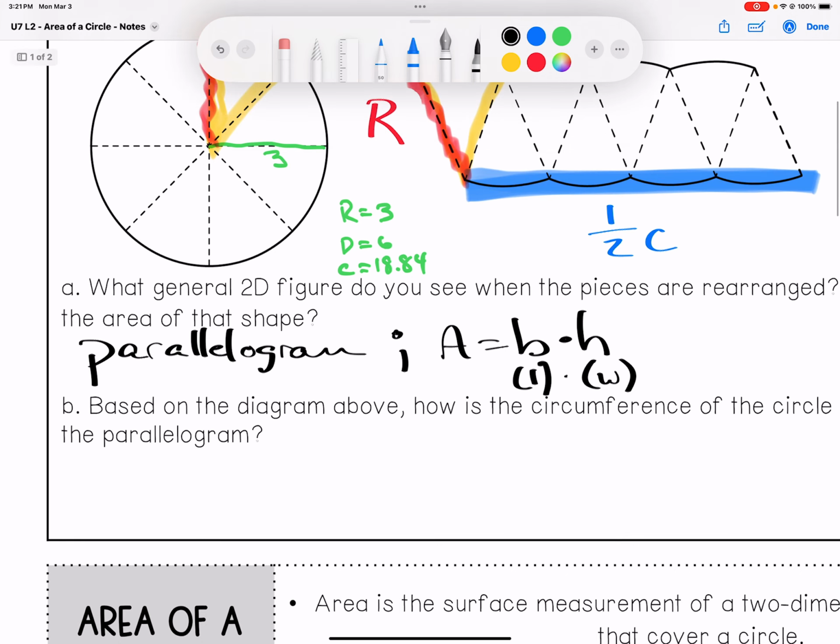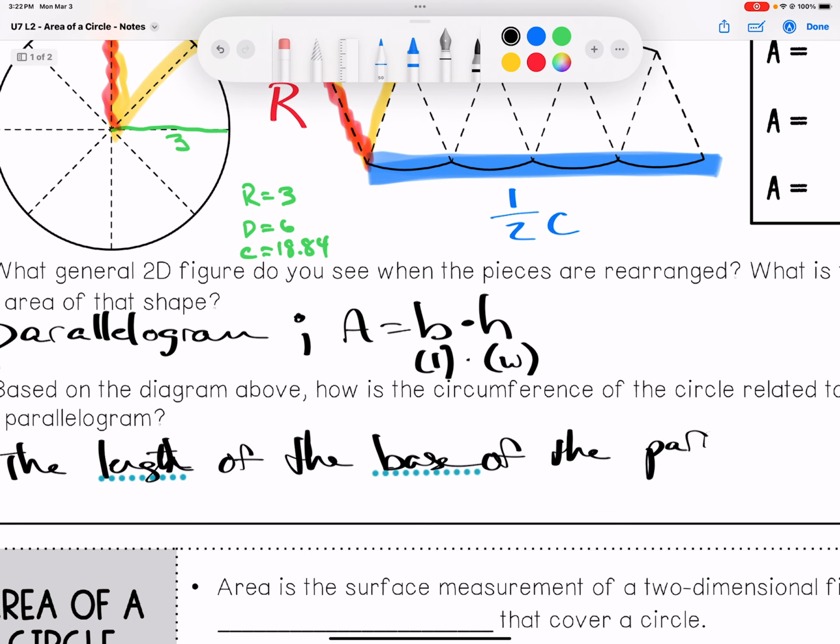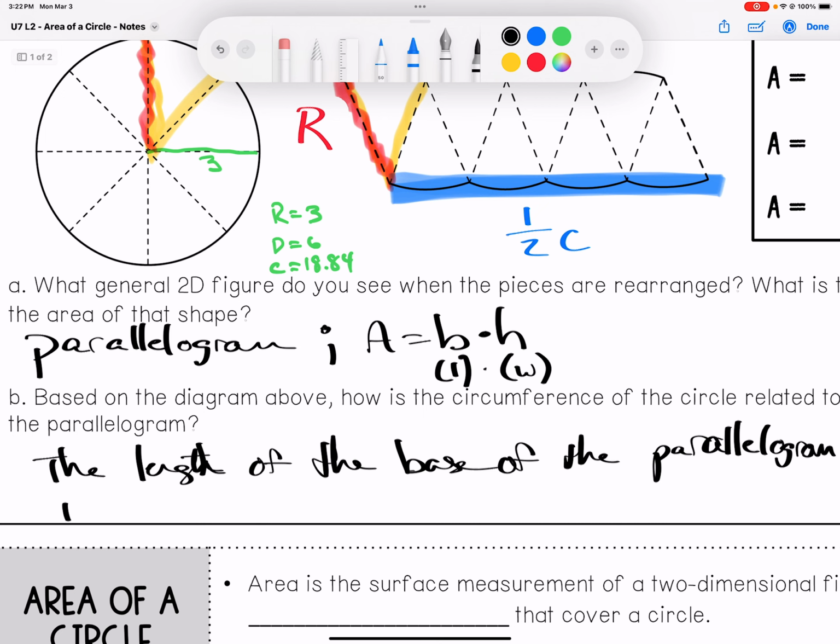Well, the length of the base of the parallelogram is equal to half of the circumference.